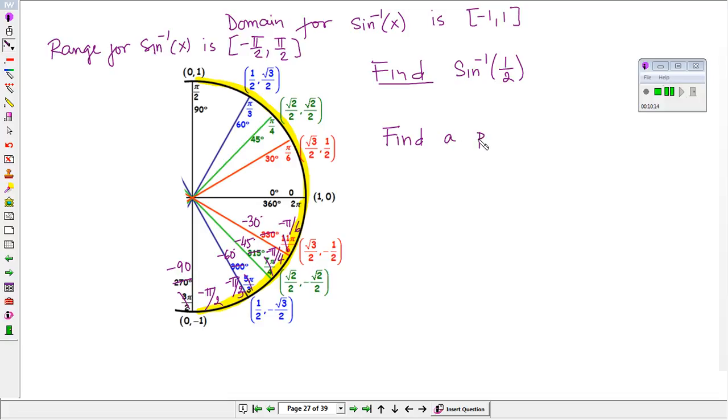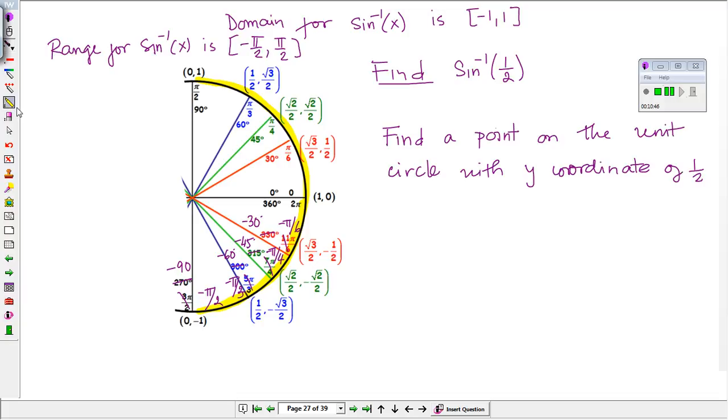We need to find a point on the unit circle with y coordinate of 1/2. So here we are. I'm looking for y coordinate 1/2 here. So we found it.